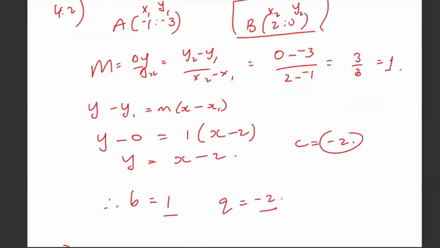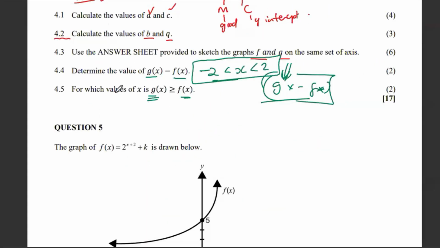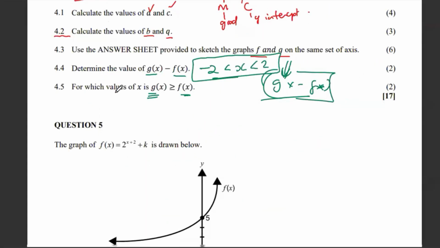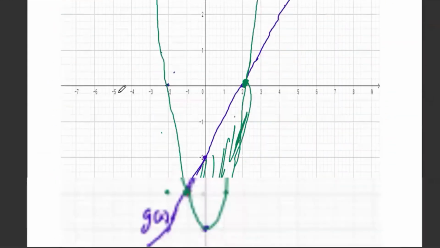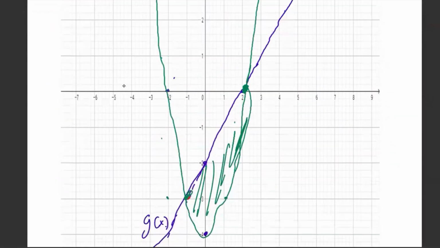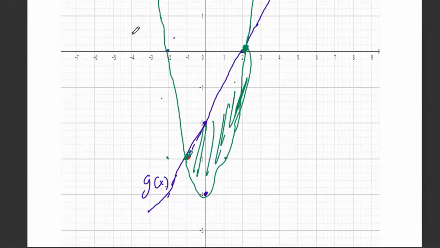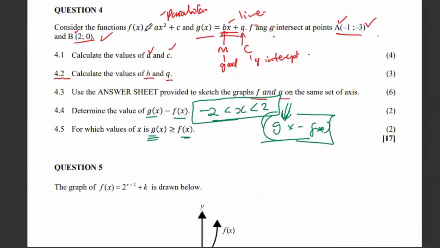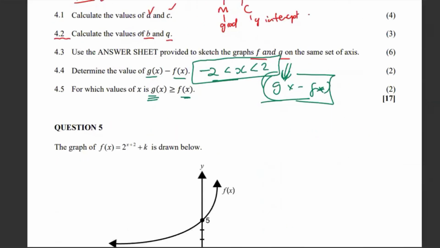Okay, where is g greater? I think that's the region where g is greater. Okay, so let me just answer the second question first before I answer the first one. So this is going to be -2 less than or equal to x less than or equal to 2.